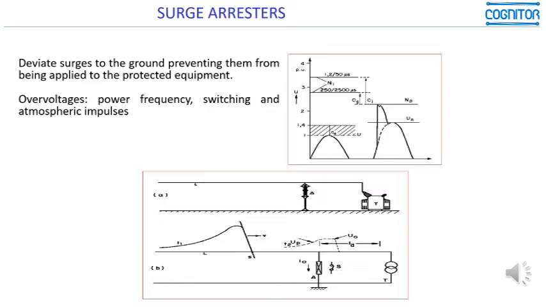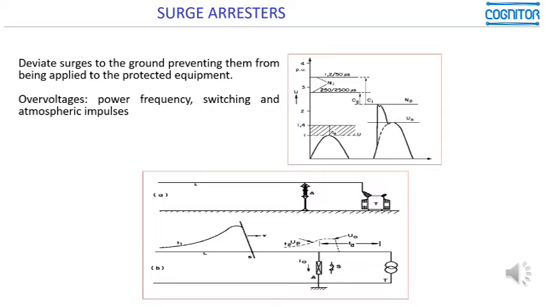What happens is that the surge arrester is not a perfect, zero resistance circuit. It has some impedance, some resistance, and a voltage drop will appear in the terminals of the surge arrester.